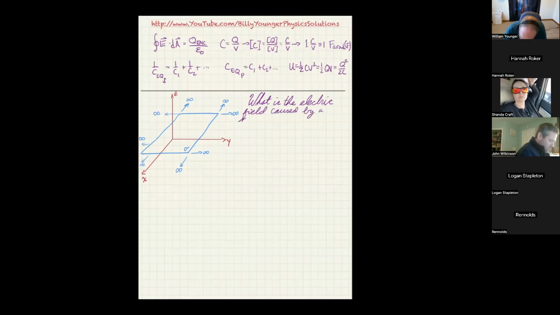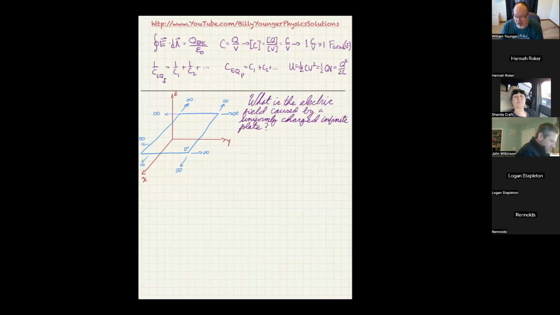Now you can see why I had to go to the next line. Uniformly is probably not going to fit in that line. So that's the actual problem we're trying to solve.